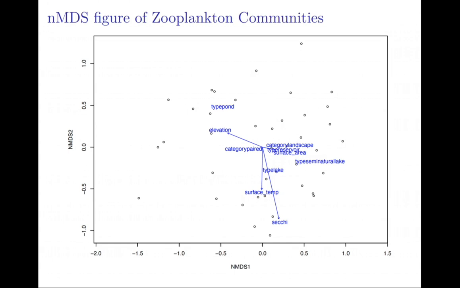Each of those samples also had a bunch of different variables, which are represented by these arrows, right? So Secchi depth or elevation of the site sampled, etc. And that's what this figure represents. But this doesn't tell us any statistical relationship between these variables and the communities they are plotted on top of.